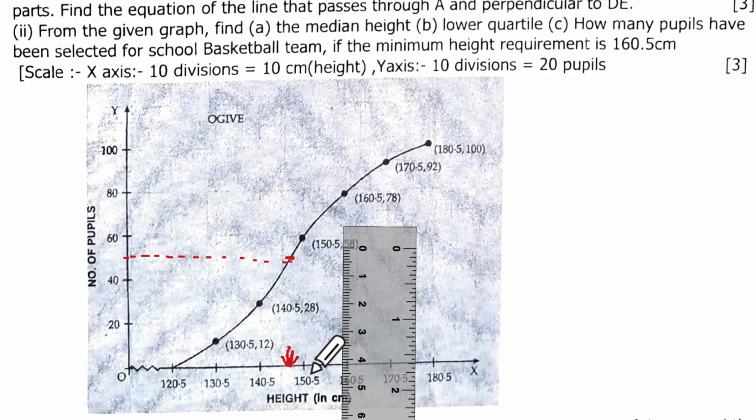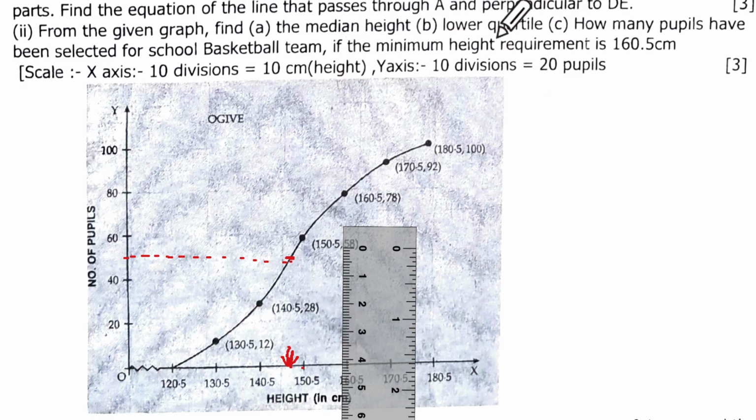Will you be able to read this? If it is 2 divisions this side, then it would become 148.5. From here to here, if it is 3 divisions, then it would become 147.5. Understood?